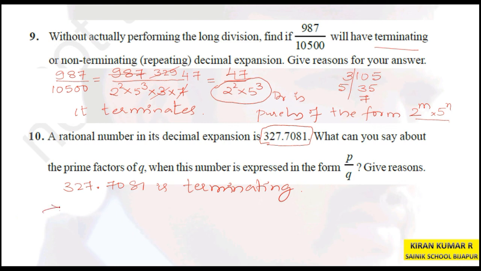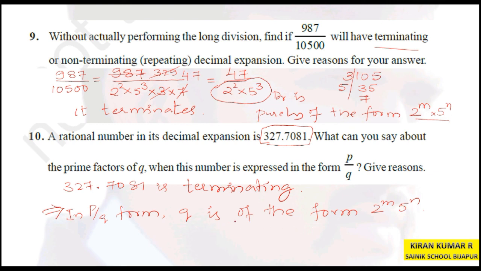This means in p by q form, q is of the form 2 to the power of m into 5 to the power of n, where m and n are whole numbers.